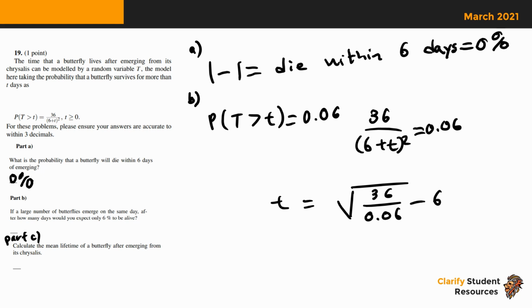And I get 18.49, which is going to be the amount of days you would expect only 6% to be alive.